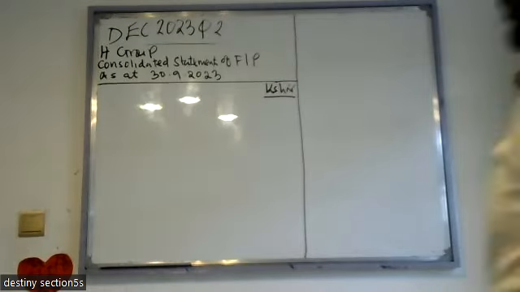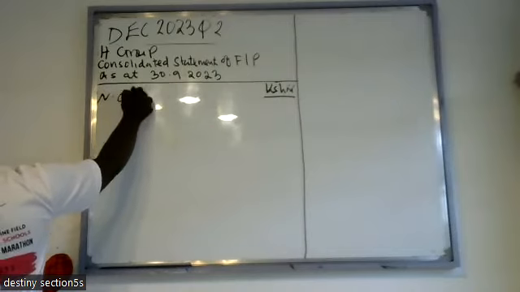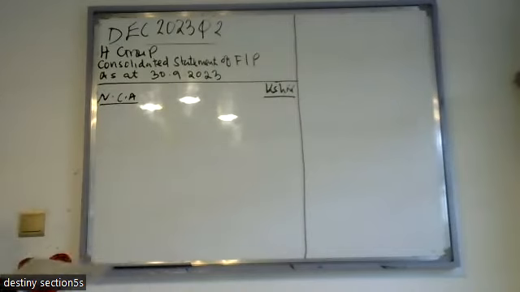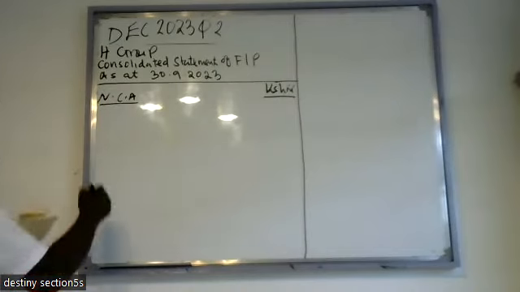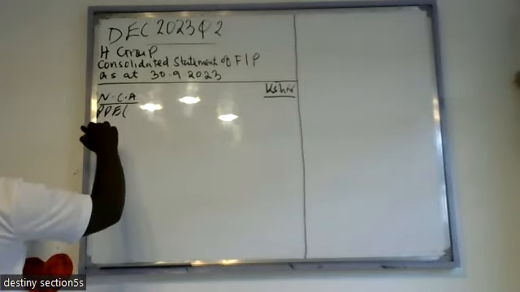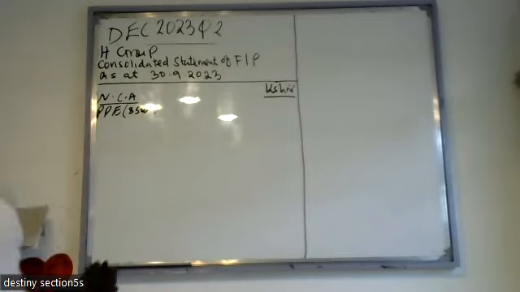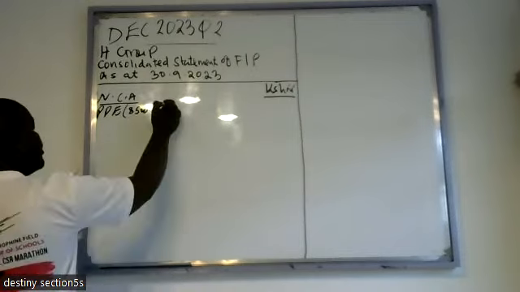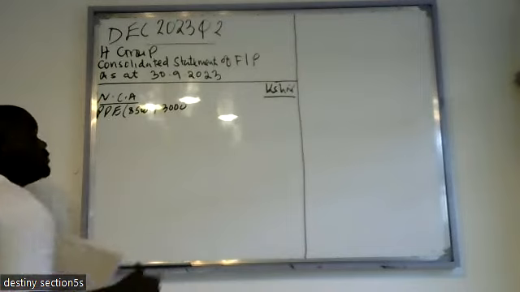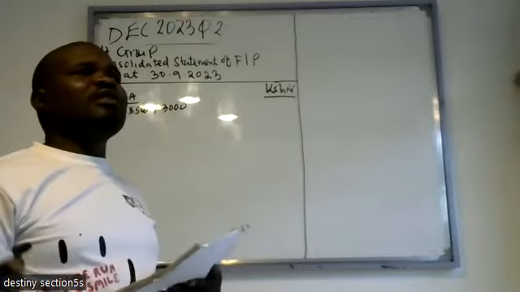Thank you. We kick off. Non-current assets. So non-current assets, we have PPE, property, plant, and equipment. So this is 85 plus 3,000. Taking them to Kenya shillings, we divide. Actually, most questions, you will find them being just divided.